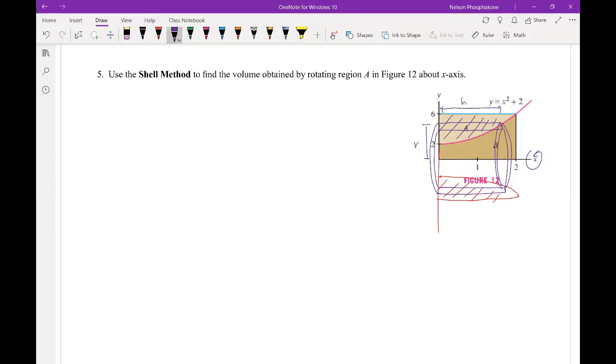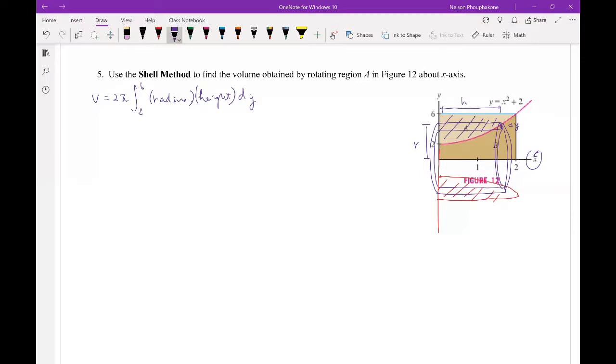And then now, of course, we are going to work with the delta y now. And now I will have V is 2 pi integrate between 2 to 6 of the radius multiplied by height dy now.